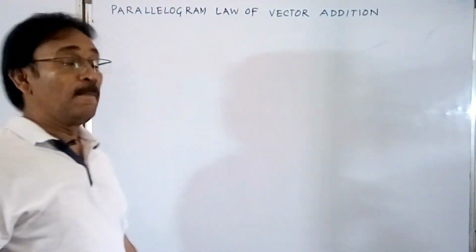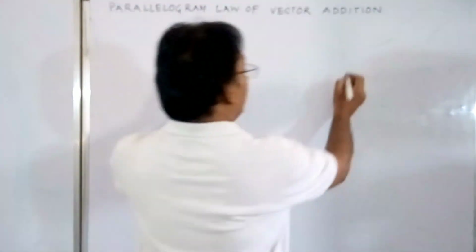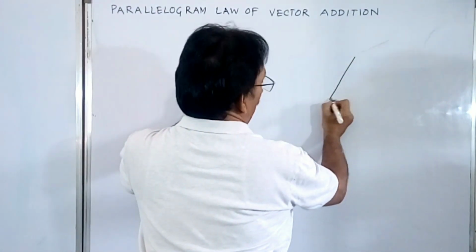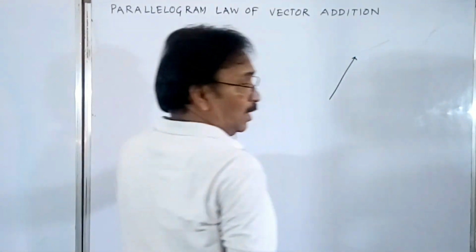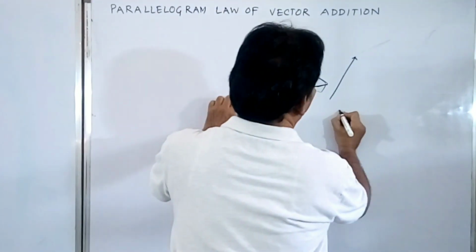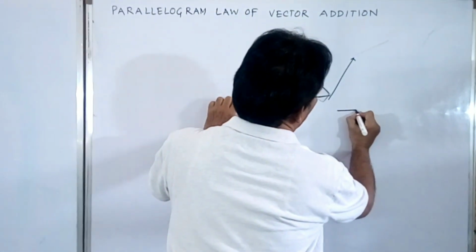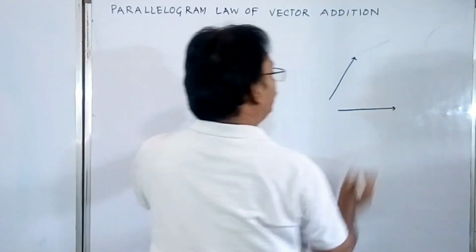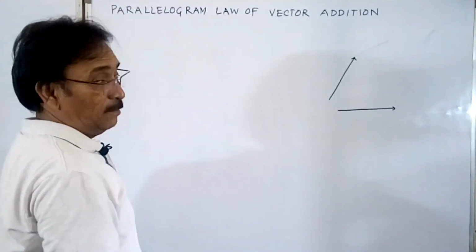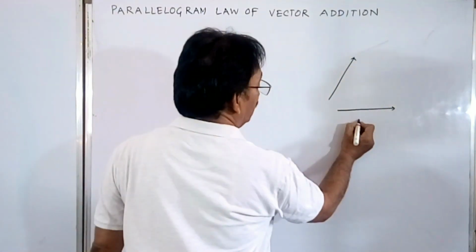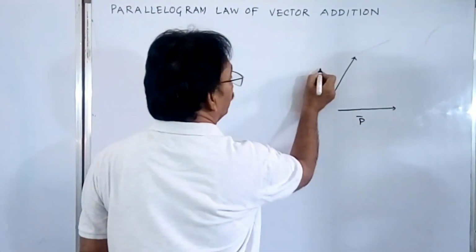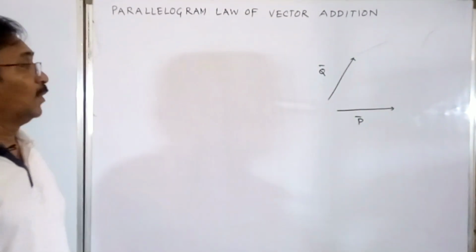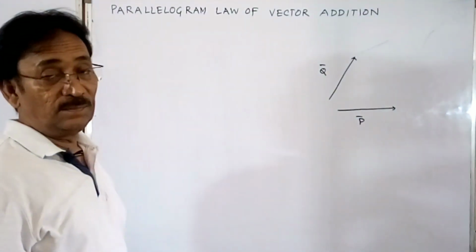Now say we are taking two vectors. Let's say this vector is P bar and the second vector is Q bar. We have to add these two vectors.